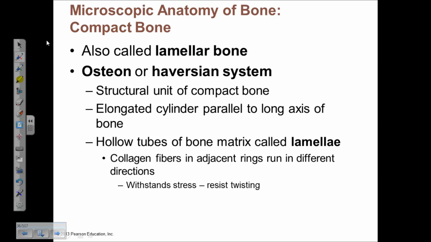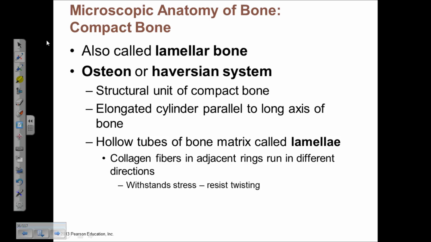So if we take a look at the compact bone. Let me remove my computer from here so I can get this. We take a look at the compact bone. What we're going to see is that it consists of structural units. Can everyone see that model?